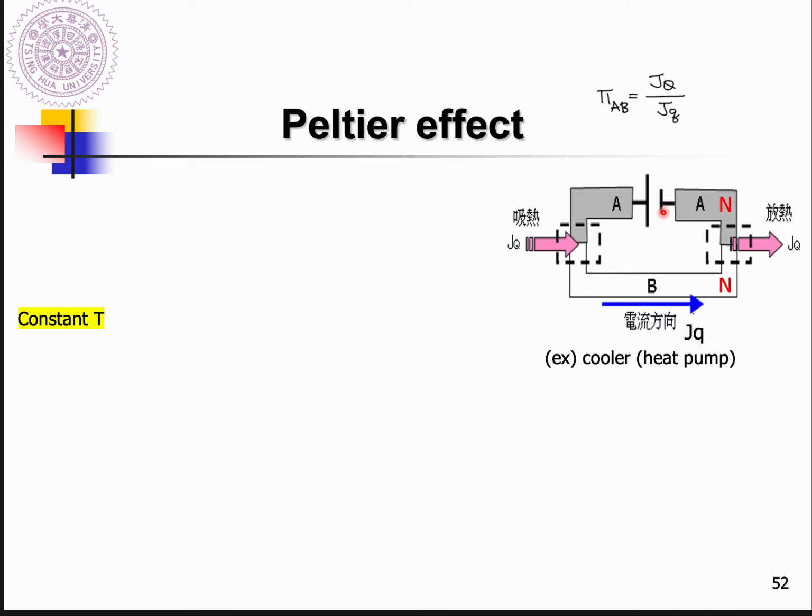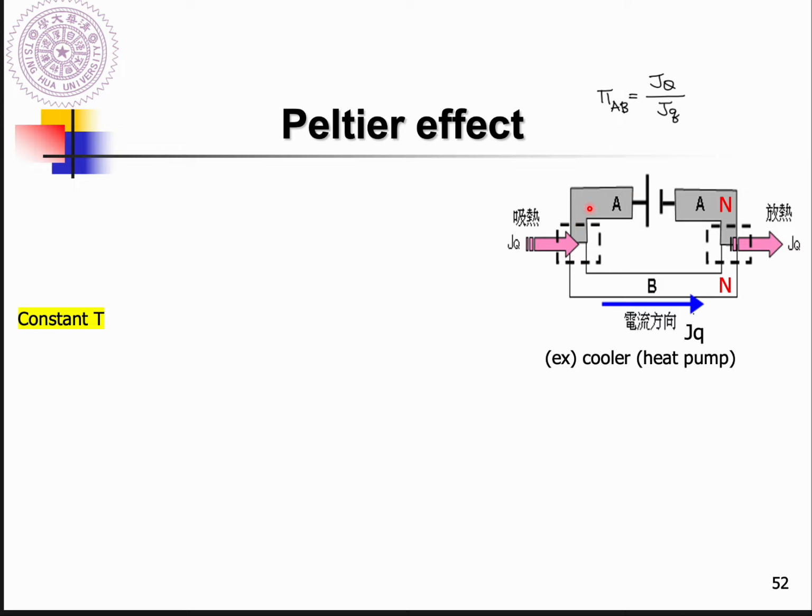We put the battery here, so you know the direction of the electrical current is this direction, right? And as you know, in N-type materials the carrier is electrons. So when we discuss heat, whenever the carriers move, they always carry some heat on their own.